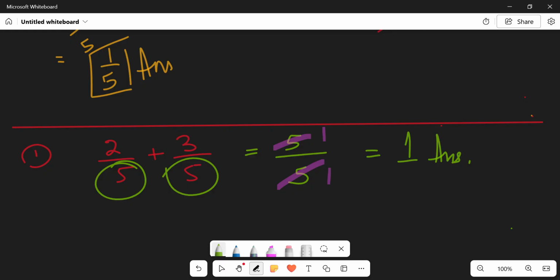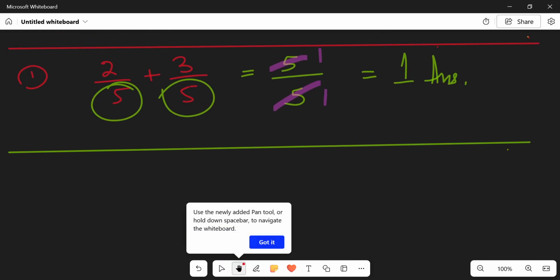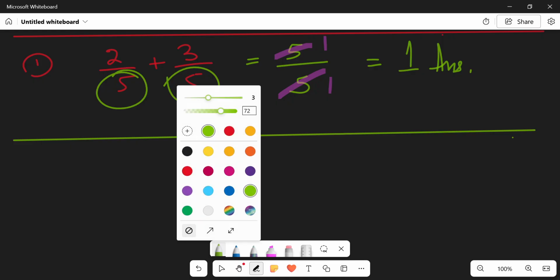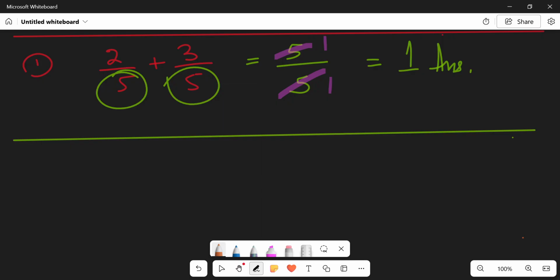Okay, so let's solve another fraction using a subtraction sign. And how are you going to solve the subtraction one, right? So here, let's take another color. Okay, now question 2. It is written 7 over 10 subtract 3 over 10.